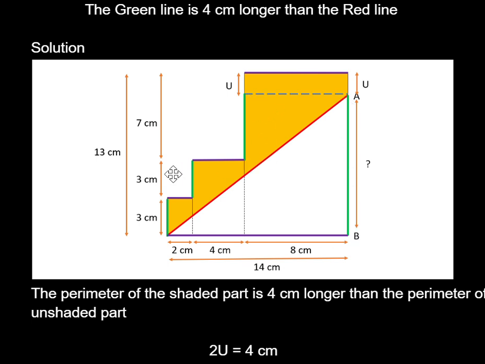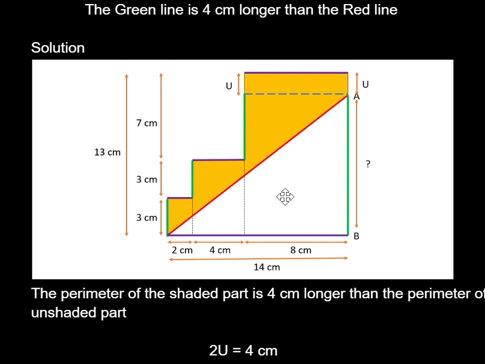If you push them together, they are the same height. Similarly, for the purple horizontal lines, this line is the same as this plus the top line. So the three purple lines added together will be equal to the bottom line here.